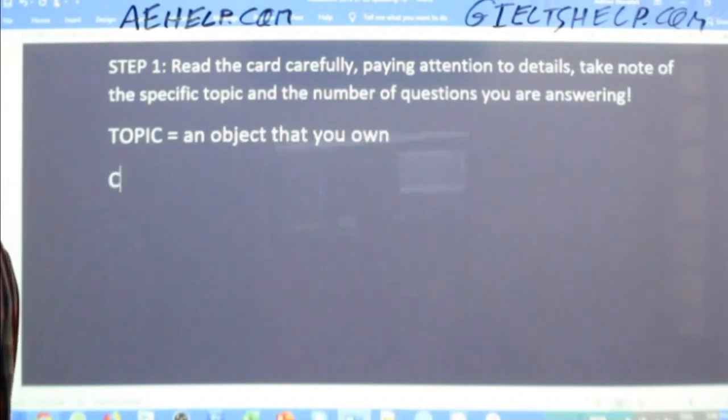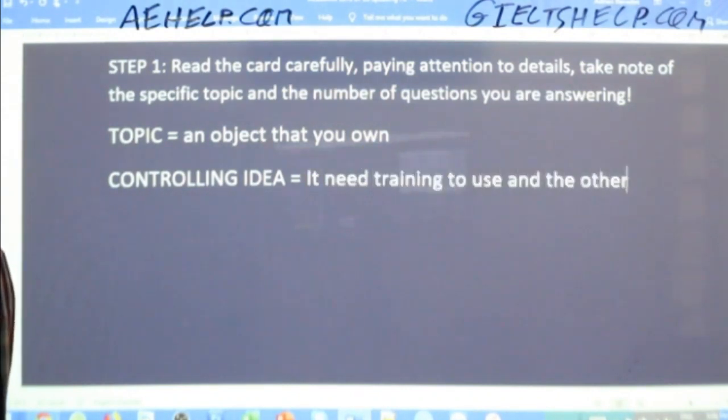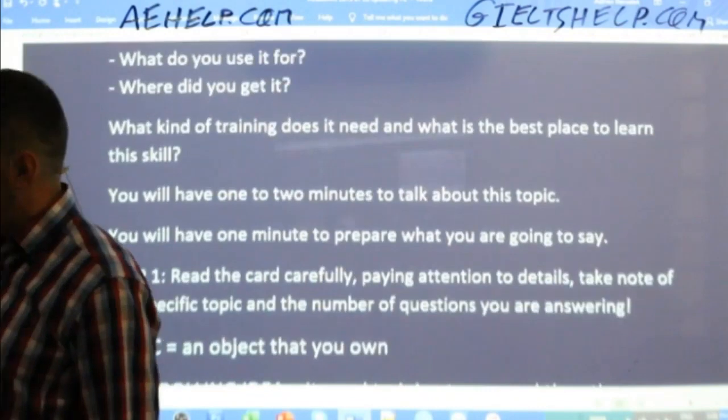And the controlling idea is it needs training to use, and the other questions. Okay, so careful again.